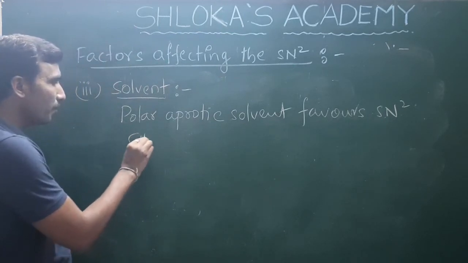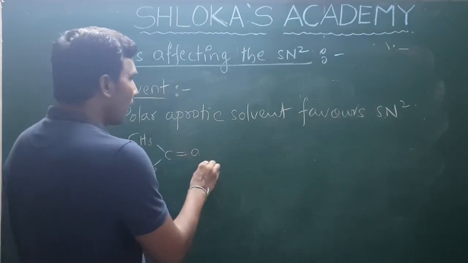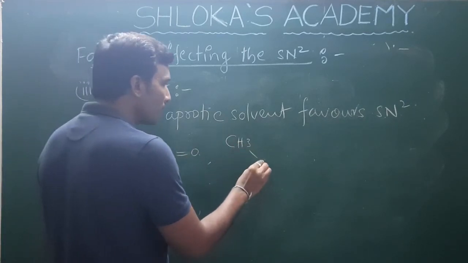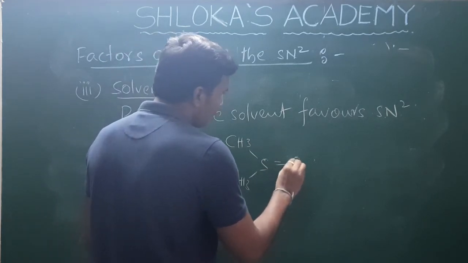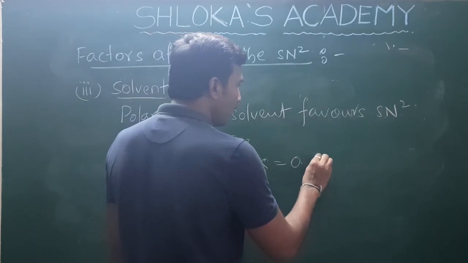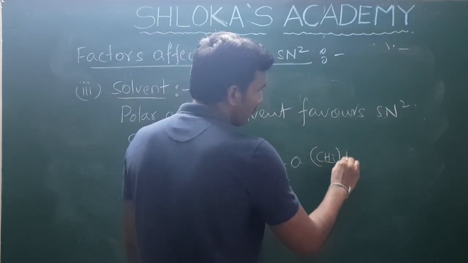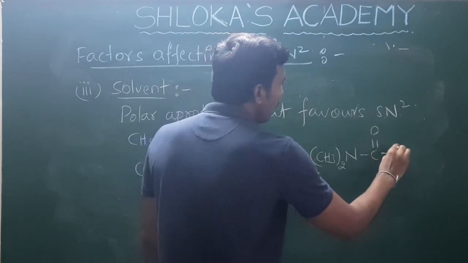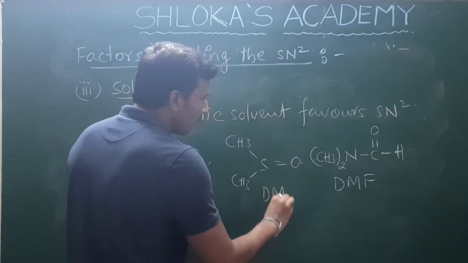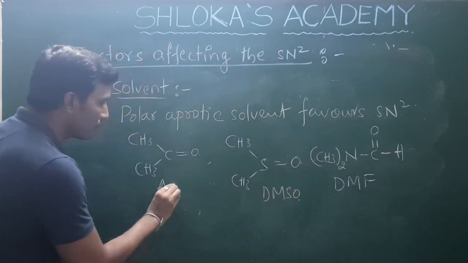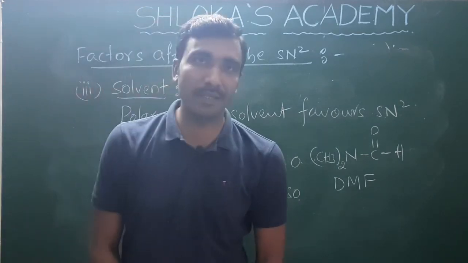You can take examples: acetone, dimethyl sulfoxide, and N,N-dimethylformamide. I can write DMF, DMSO, and acetone. So these solvents favor SN2 rather than SN1.